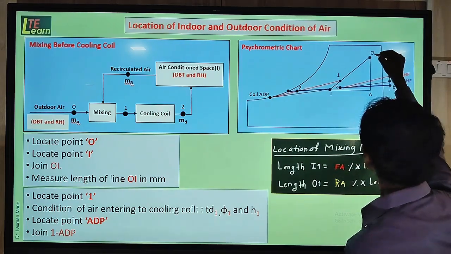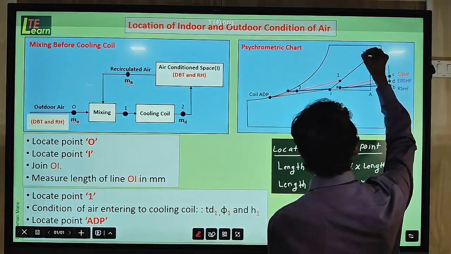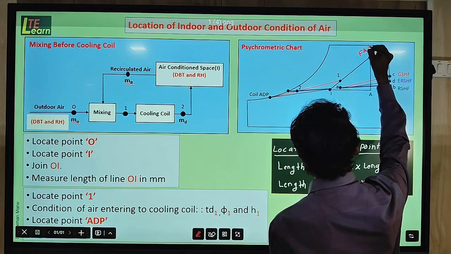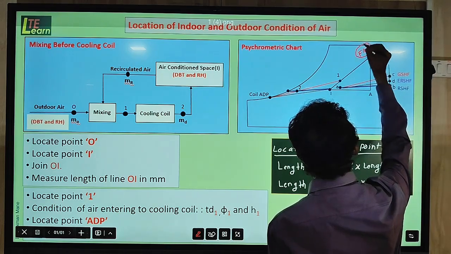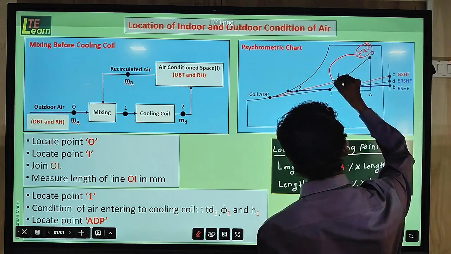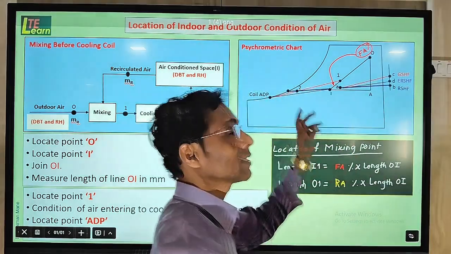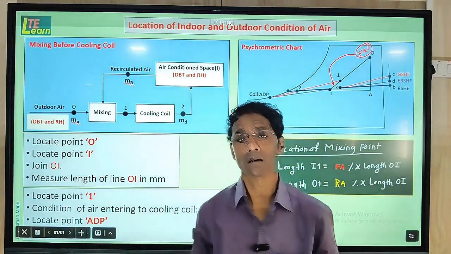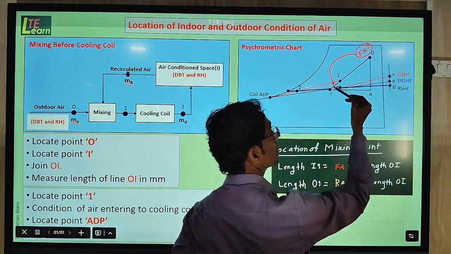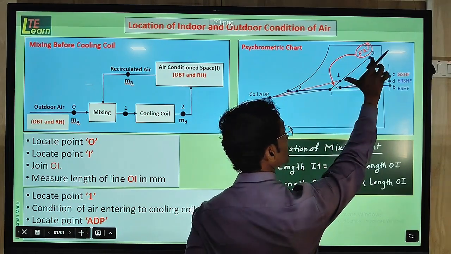Then to find the location of the mixing point, that is point number 1, we use the concept. Here suppose fresh air is given. So whatever percentage of fresh air is given, this percentage at point O we show on the opposite side of the line OI, because it is based on the concept of mixing of air. So the outside air is in proportion with the opposite side difference, and the return air percentage is in proportion with this opposite side difference.